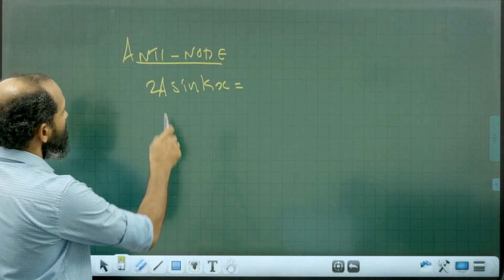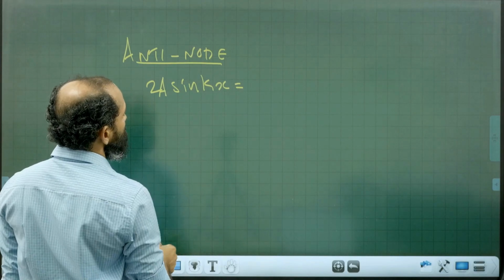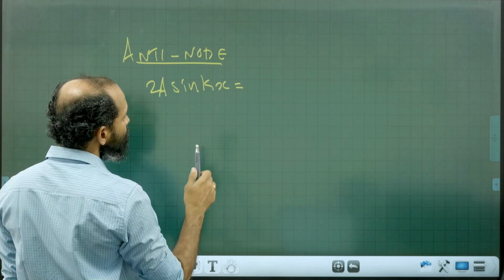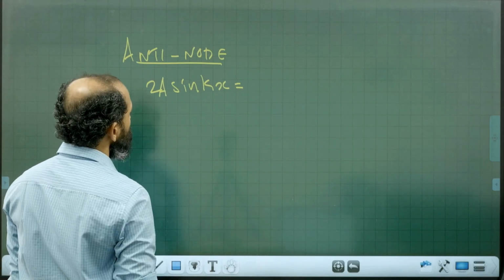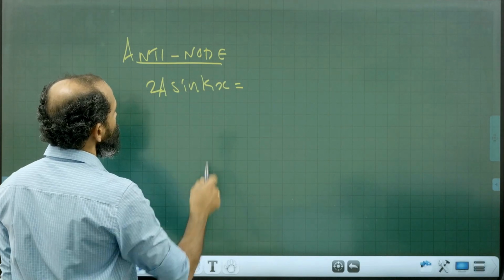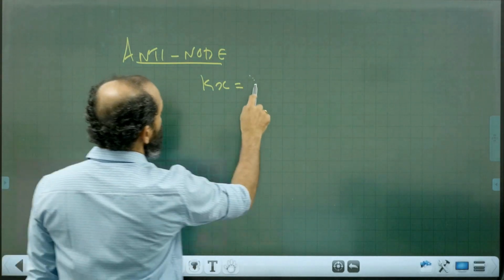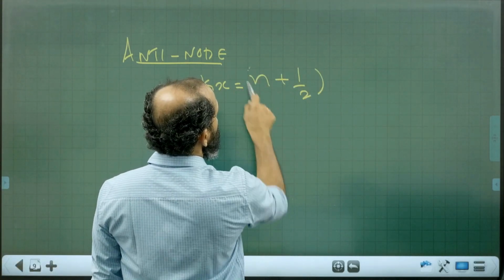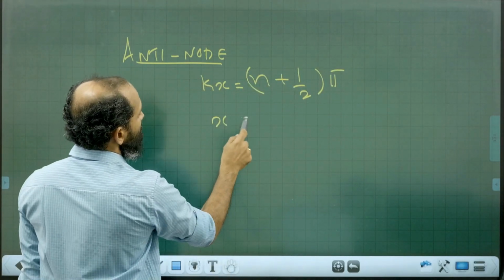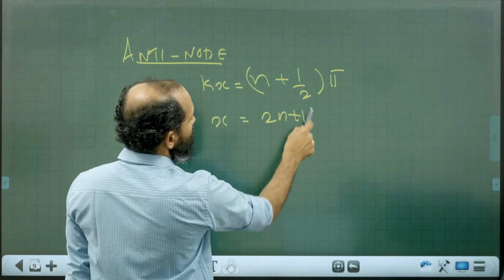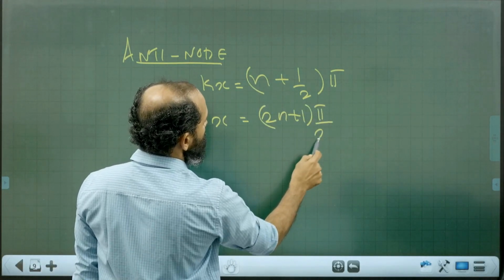But here it should be maximum, for which sine kx is equal to plus or minus 1. So kx is equal to n plus 1 by 2 times pi, that is, x is equal to (2n plus 1) pi by 2k.